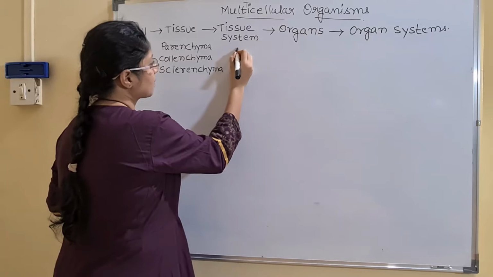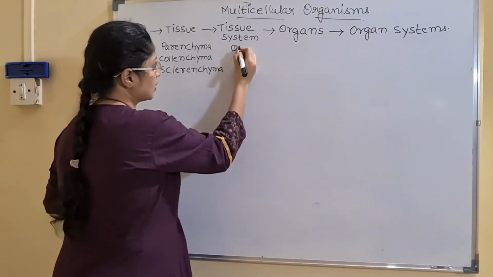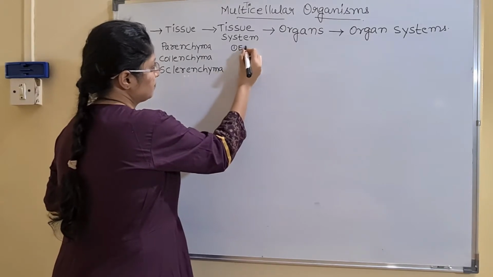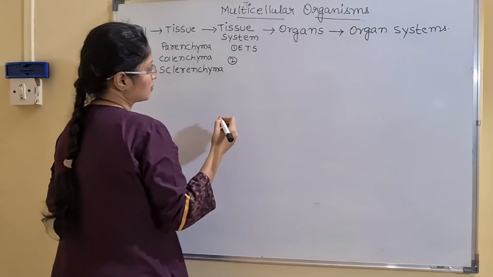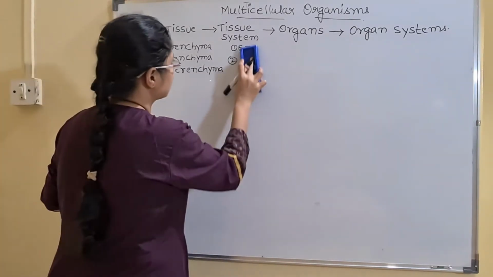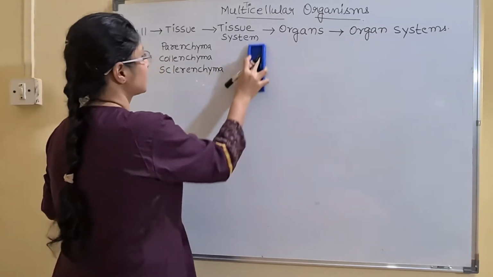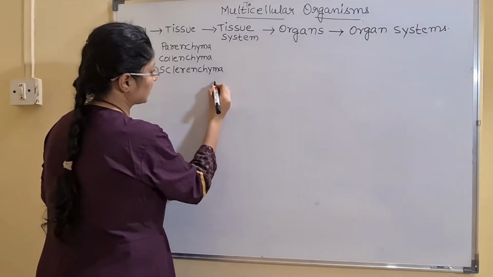The first one is the epidermal tissue system, ETS. Shall I write the full form? We don't have place here. Let me adjust. So I am writing it here, children.